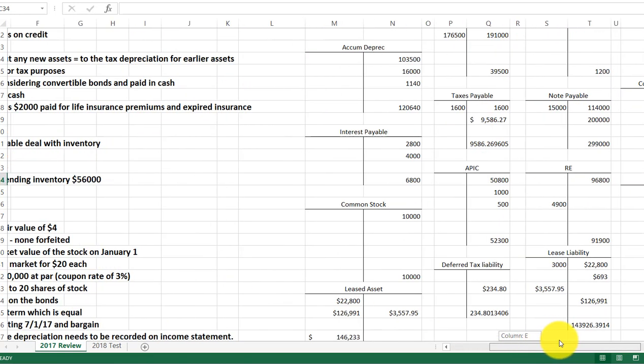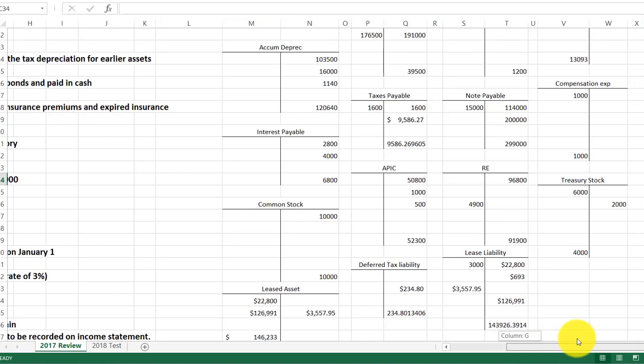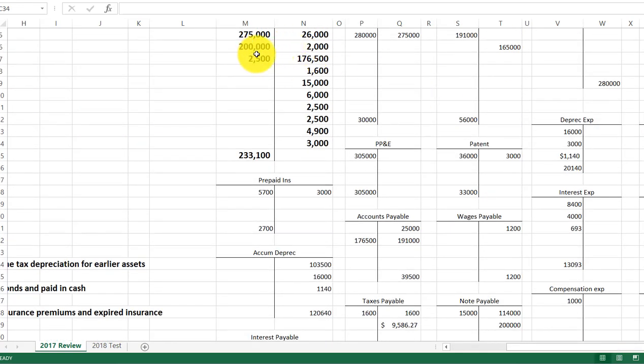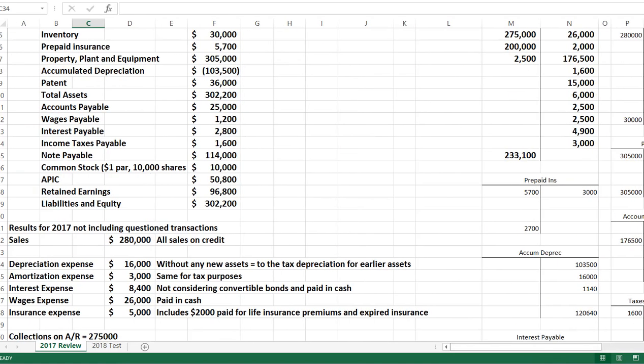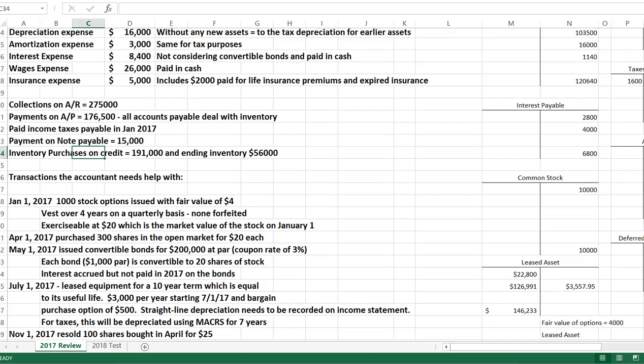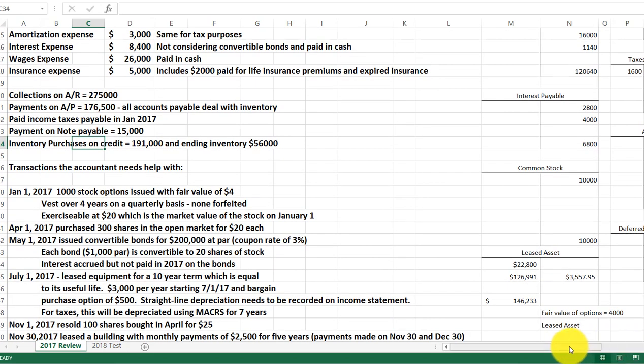So we're going to have a bonds payable, or if you wanted to sneak it in with your notes payable, I did here, kind of to minimize how many accounts I have to show you, 200,000, and we're going to debit cash 200,000 for that issuance of bonds, and then we have the interest. So we calculate interest, but it's not for the whole year. It's only from May until December. All right.